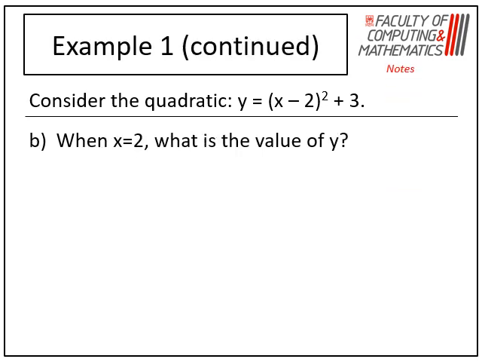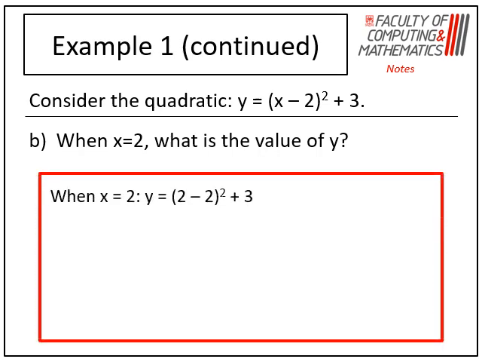So we know that the smallest value of the quadratic occurs when x is equal to 2, so we then need to find out what the associated y value is going to be. It's literally just a simple case of substitution. When x is equal to 2, anywhere you see an x in your expression, pop in the number 2 and then evaluate it. So y is equal to (2 minus 2) all squared plus 3.